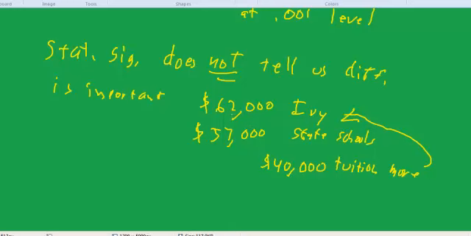So this $5,000 difference may not be important, even though it seemed to be very significant statistically. Statistical significance is not the same as quantitative importance. That's an important point.